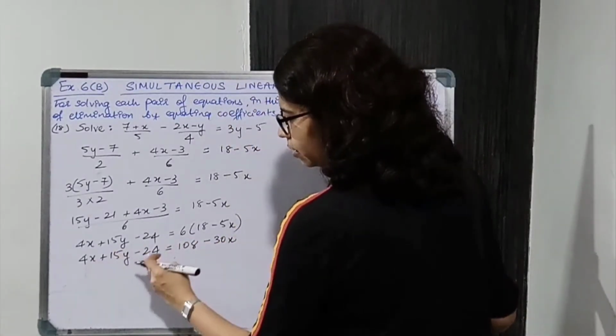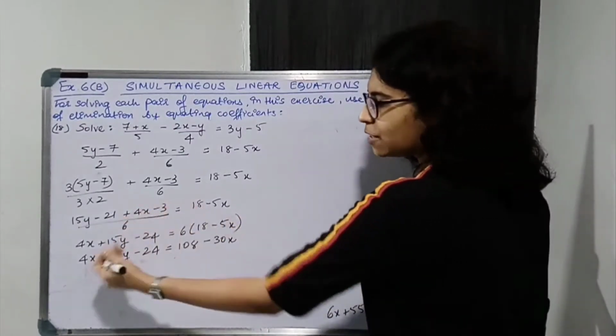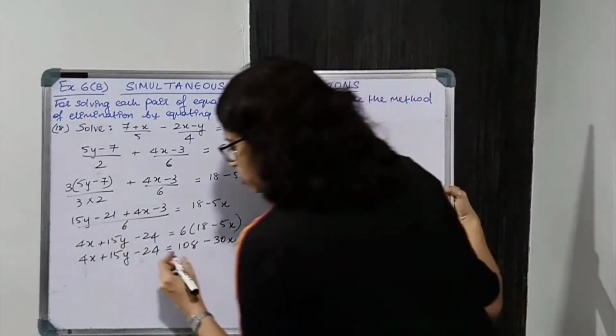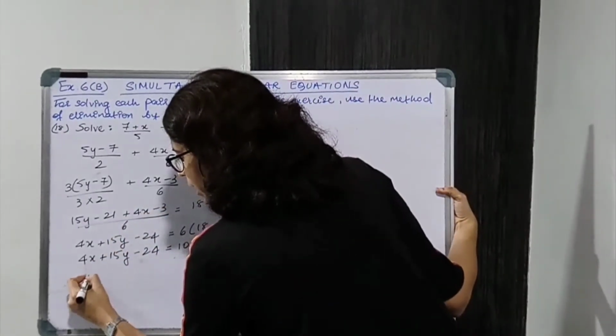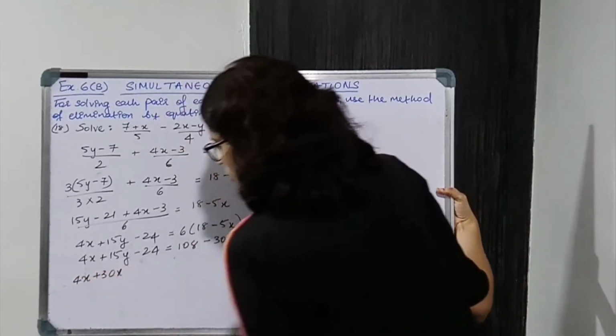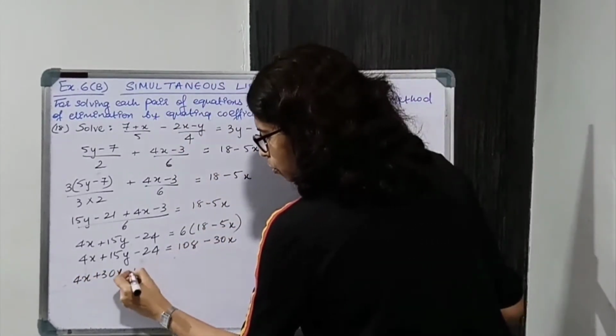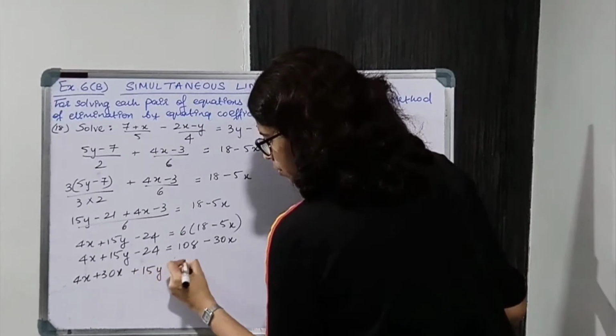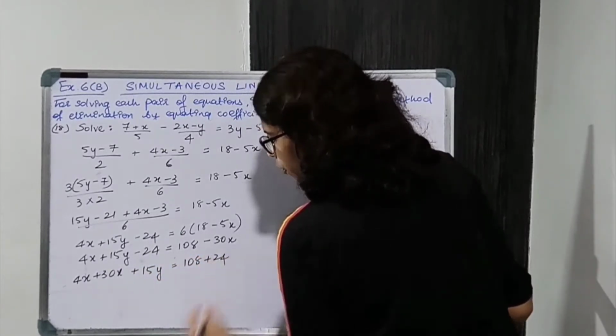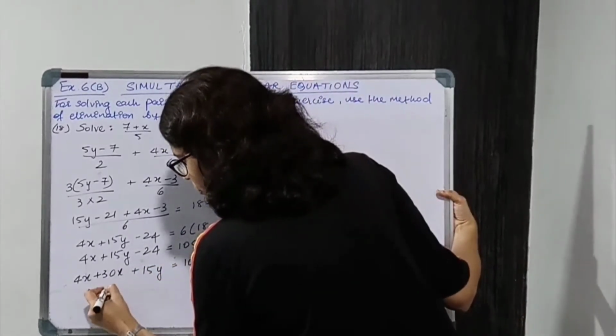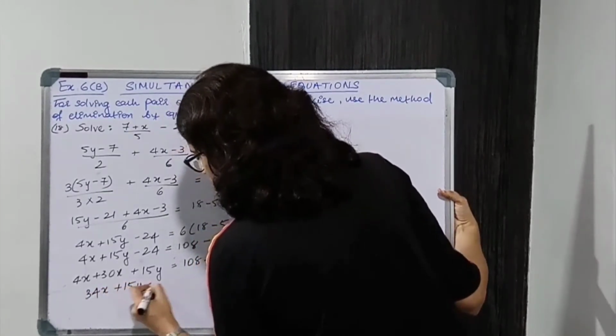Shifting x over here and number over here. Variables on the LHS, numbers on the RHS. So 4x plus 30x, and 108 plus 24, this will become 34x plus 15y is equal to 132.